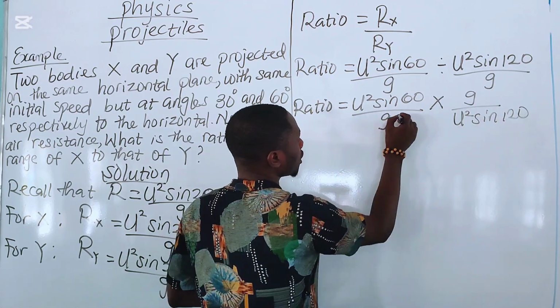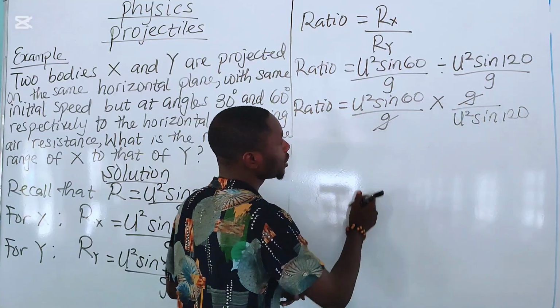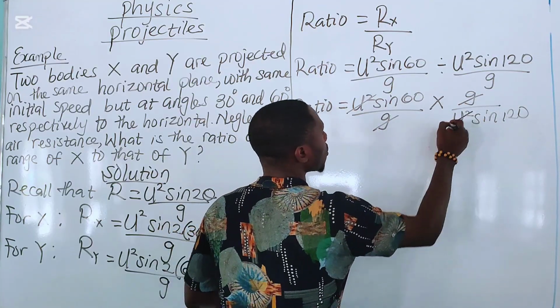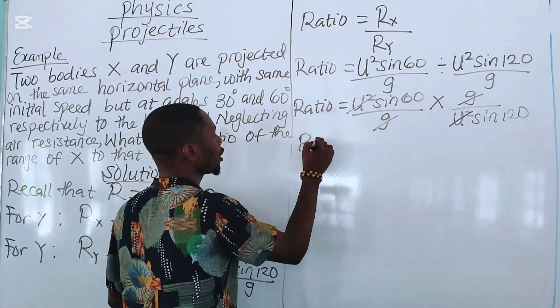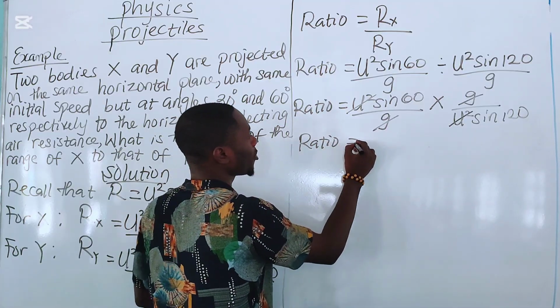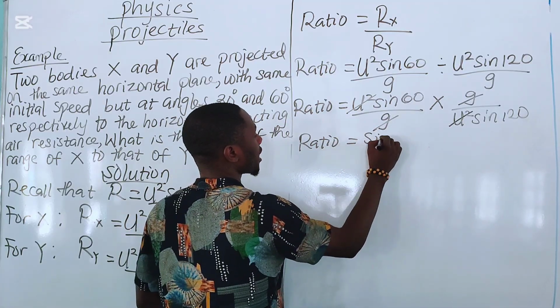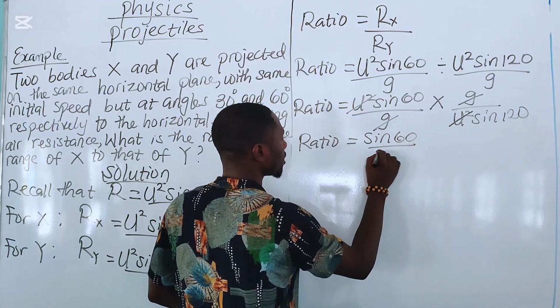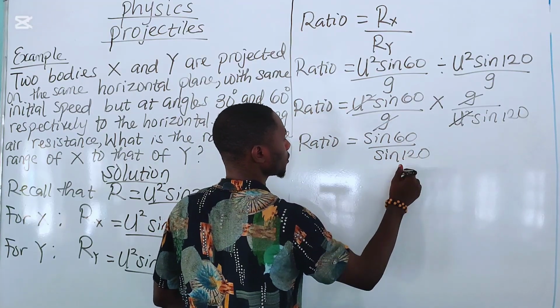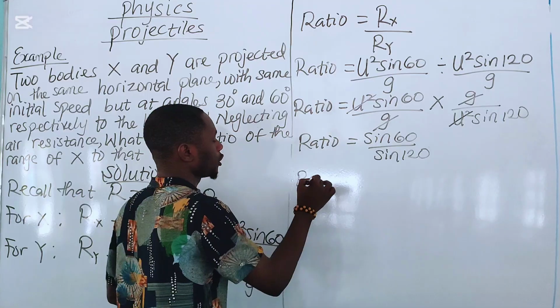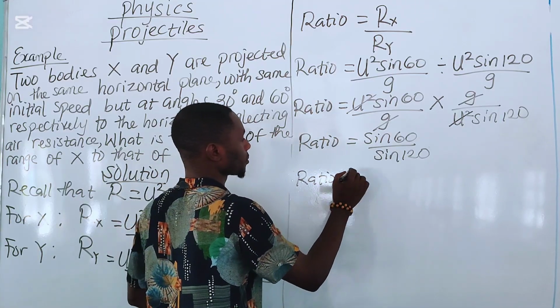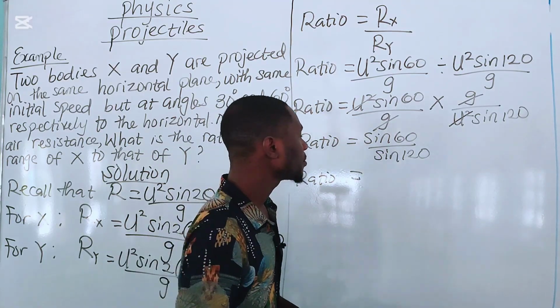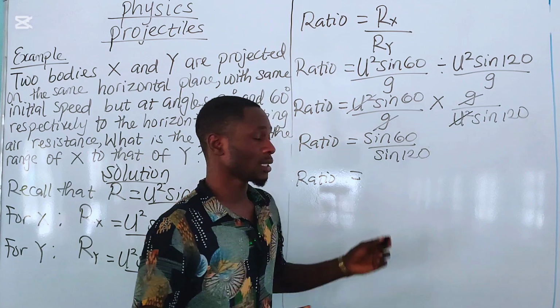Okay, so at this point, this G can cancel this G, and this U squared can go with this U squared. So our ratio will now be left with sine 60 over sine 120. So our ratio now becomes sine 60 divided by sine 120.